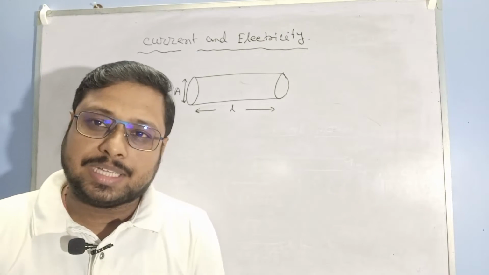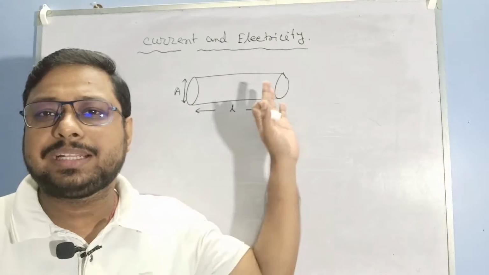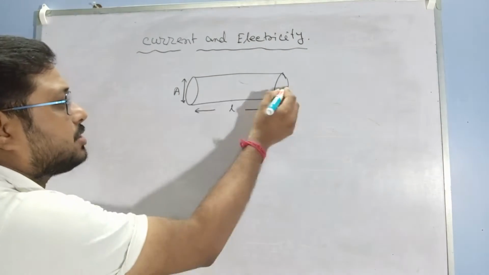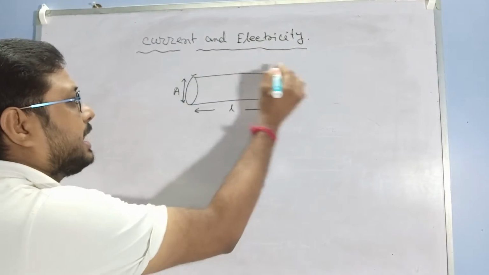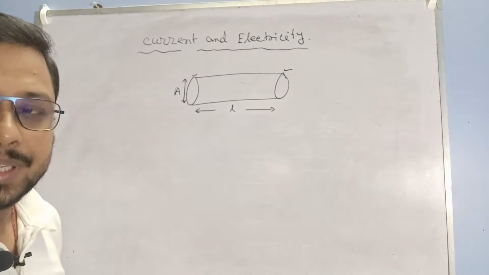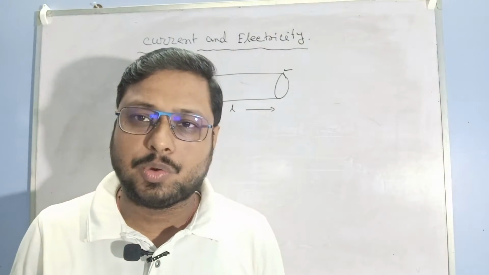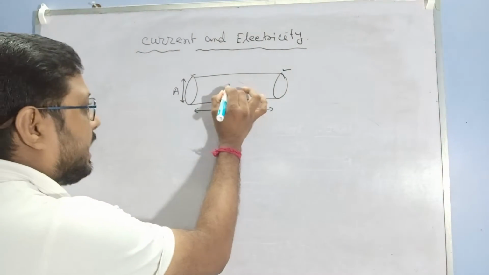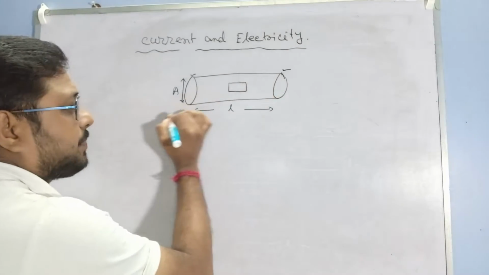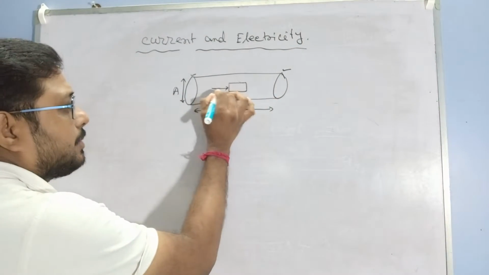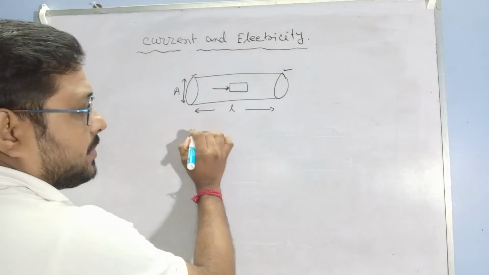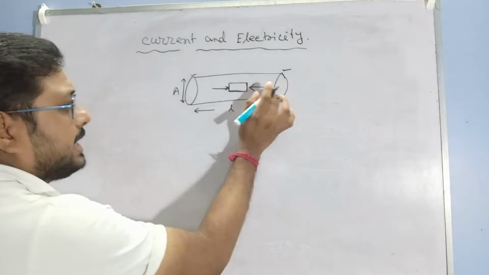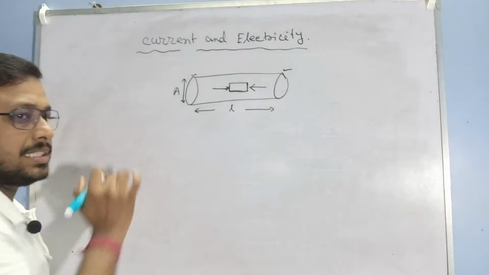When there is no electric field applied in the conductor, that is, the potential difference is not applied between the two ends of a conductor, no power source is given, then at any place of the conductor, the net charge flowing through this cross section in one direction is equal to the net charge flowing through it in the opposite direction.